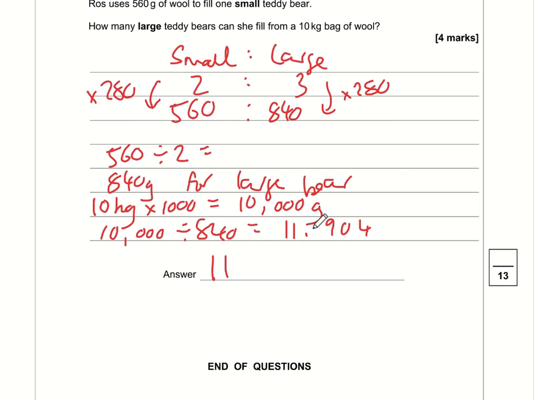So be careful sometimes with the rounding, even though it looks like it is closer to 12 than 11. We don't have enough for 12, we do have enough for 11. It does mean we've got quite a lot of extra wool, but that's just going to go to waste, unfortunately. Anyway, the answer here is 11.